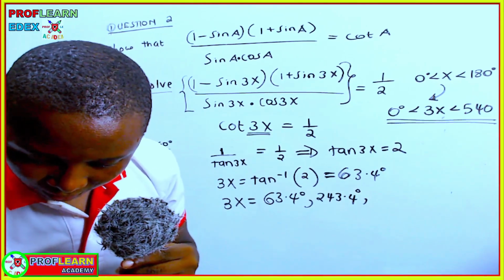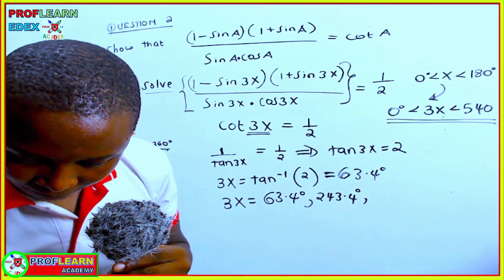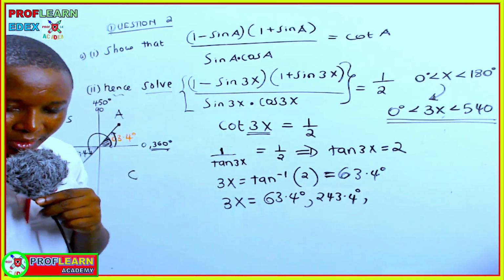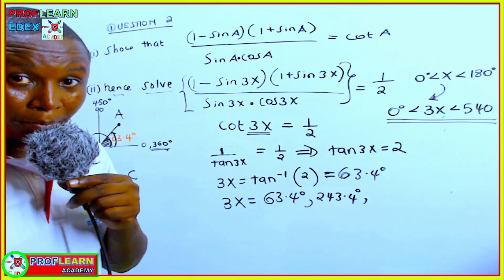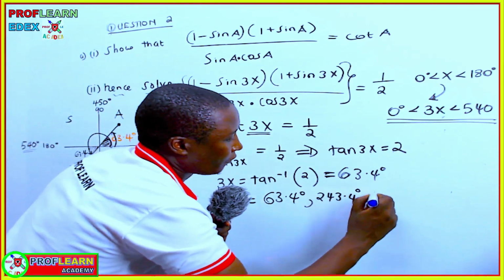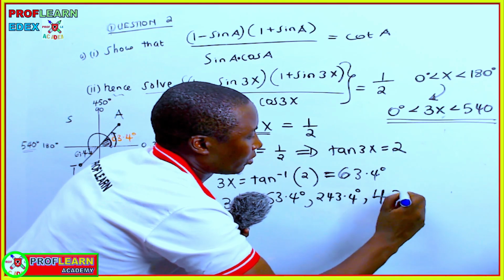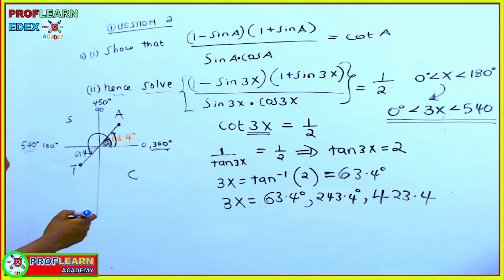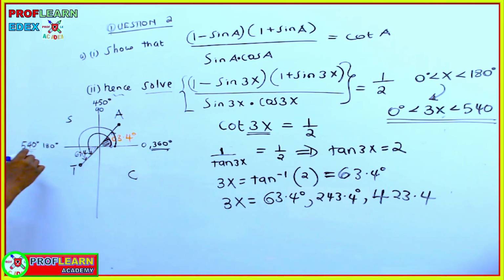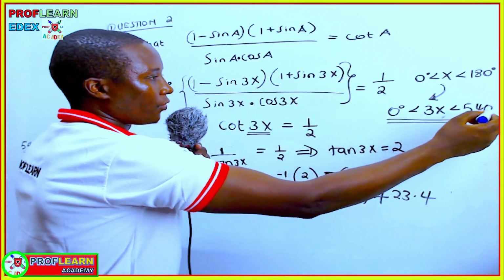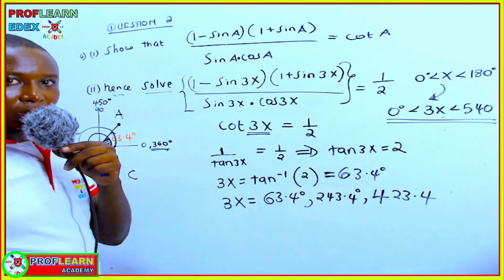So 360 plus 63.4 is 423.4 degrees. Those are the only angles we shall have, because if we move another cycle by adding 540 plus 63.4, it will be out of the range of angles we were given.